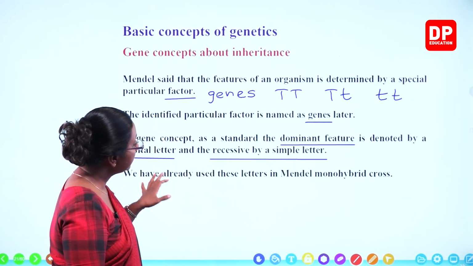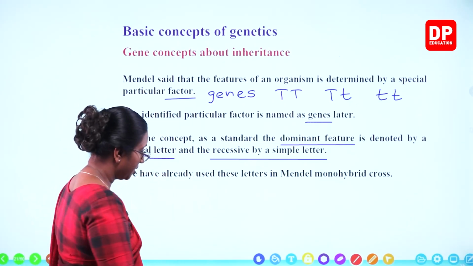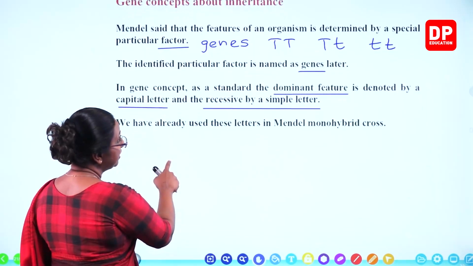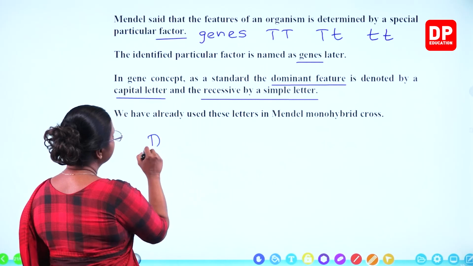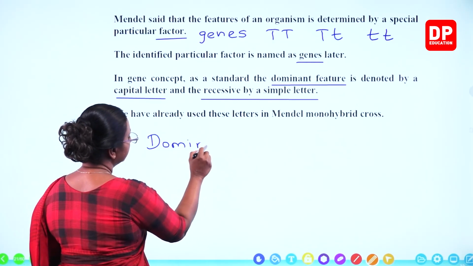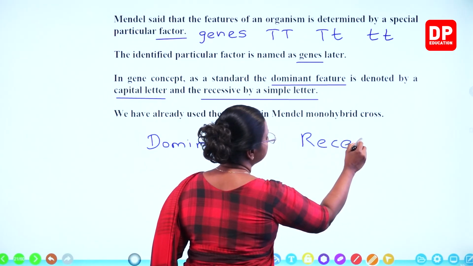So we have already used these letters in Mendel's monohybrid cross. If we look at some of the examples, you can remember dominant and recessive characters.